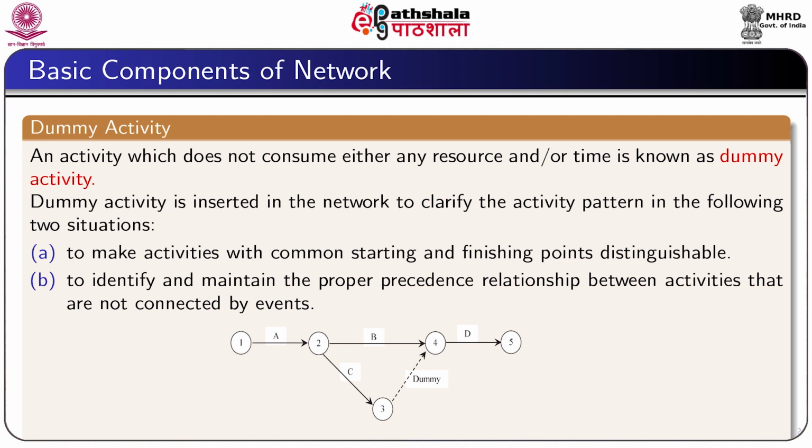But if I define an activity D which must start when the activities B and C are both completed, then the situation can be dealt with a dummy activity, which is shown by the dotted arrow in the diagram.